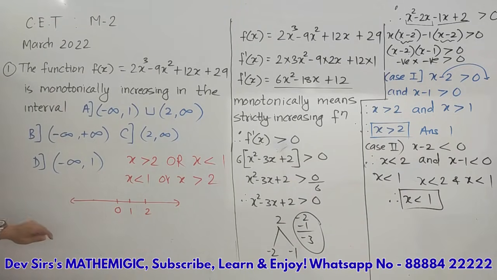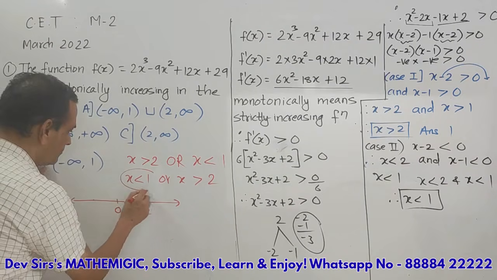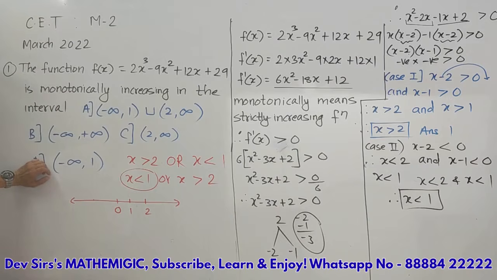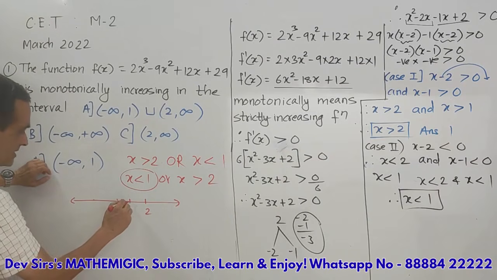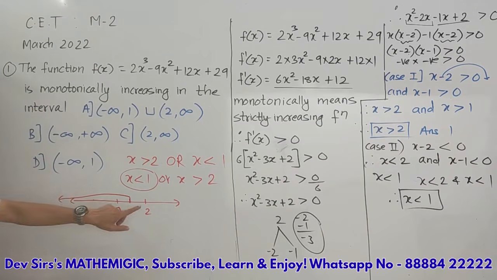Okay. So first I will select x less than 1 as the answer. अभी दोस्तों देखो, x less than 1 means it is like this, going towards minus infinity. बराबर है ना? Less than 1 can be anything, minus 1, minus 2, minus 3 up to minus infinity.